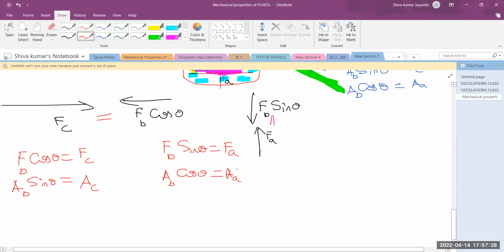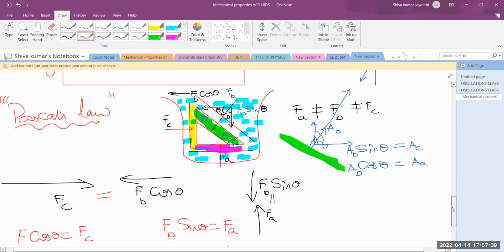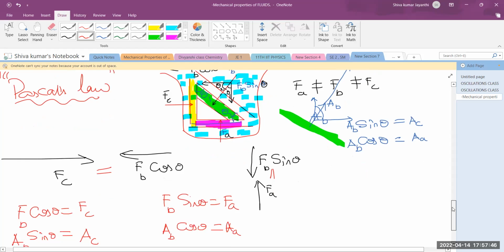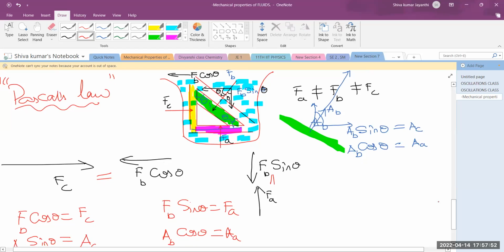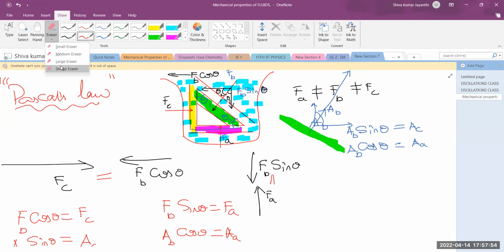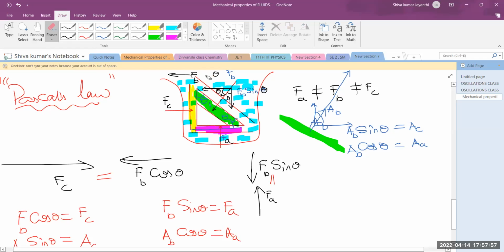Now, you understand this? Which theta have I taken? There are two thetas. My cos will become sine and sine will become cos, because he has taken this downward component, the downward theta.